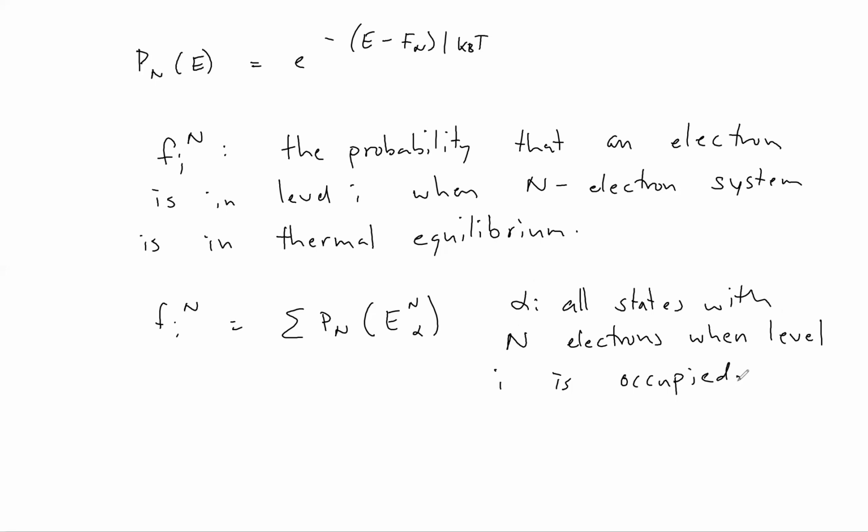Good. So we can make some headway by noting the following. So first is that f_i^n is equal to 1 minus the probability that that level is not occupied.